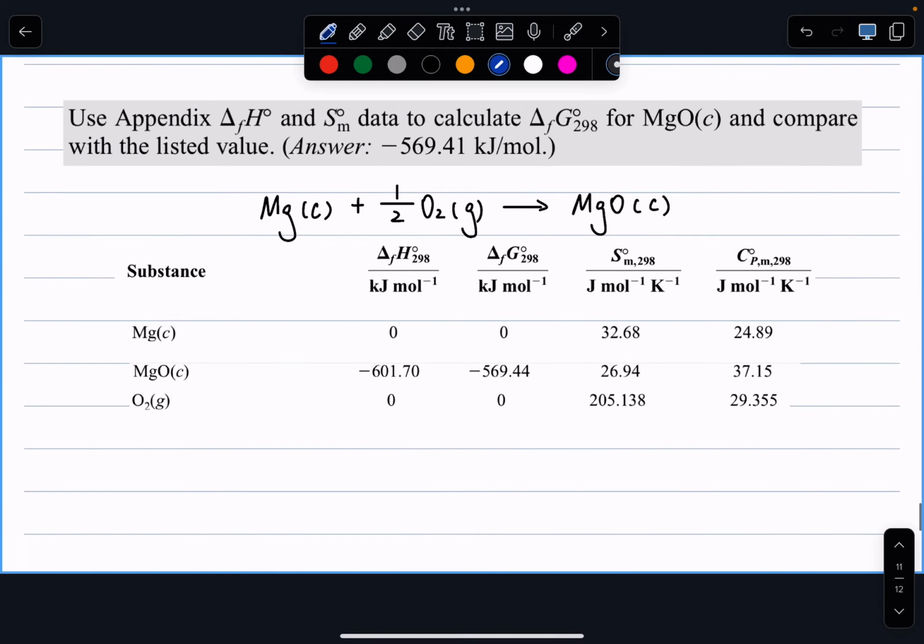Here's a question: use the appendix data for heat of formation and the standard molar conventional entropy to calculate the standard Gibbs free energy of formation for magnesium oxide condensed and compare that with the listed value. So what we're doing here is using the equation we just wrote, which is delta G equals delta H minus T delta S, and then comparing that with the tabulated data.